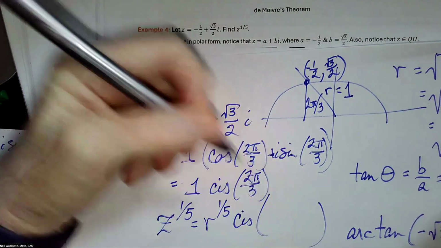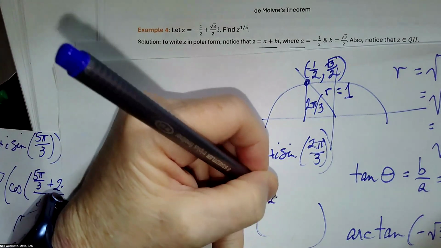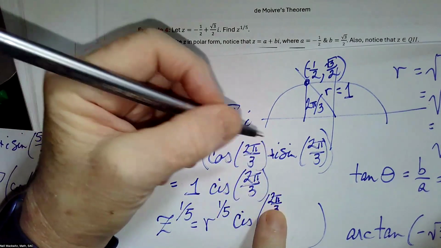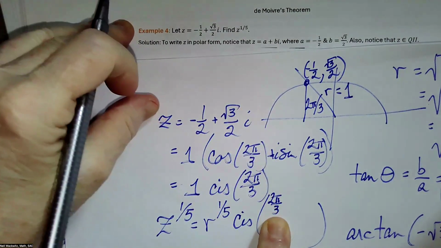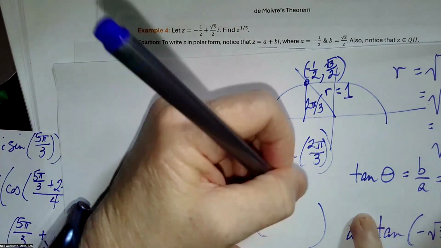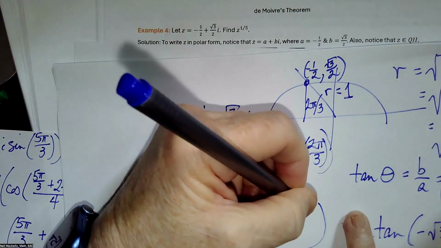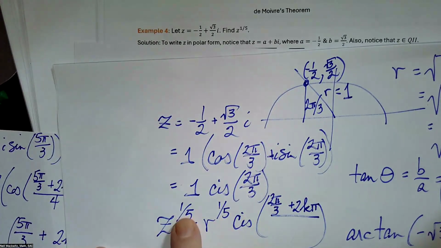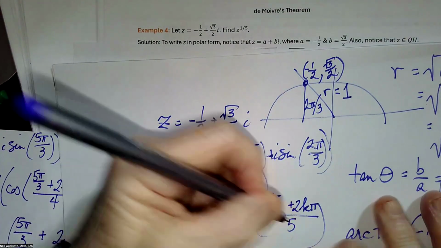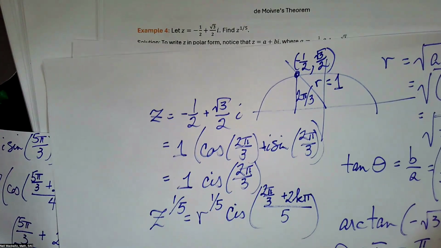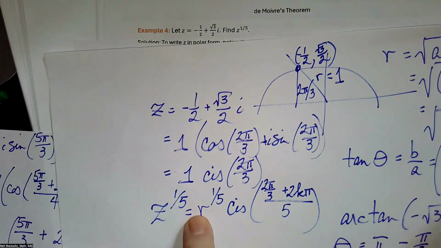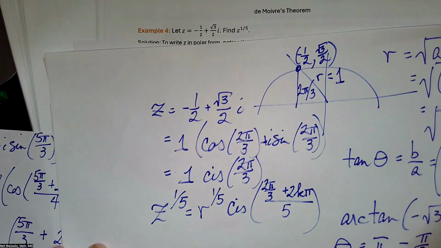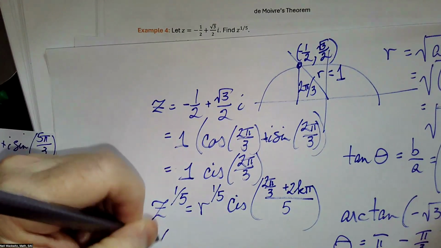And we're going to have cis, let's see, it'll be 2 pi over 3, because that's our angle, plus 2k pi all over n, and n is 5. We want to do 2 things. We want to take the 5th root of 1, which is just 1.